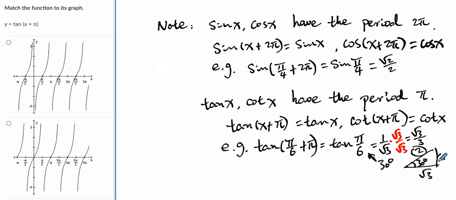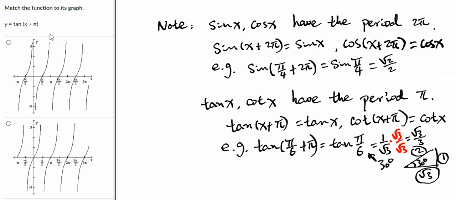If here is 1, then the hypotenuse will be 2, and the adjacent side will be radical 3, because 1 squared plus radical 3 squared is 4, and 2 squared is 4.